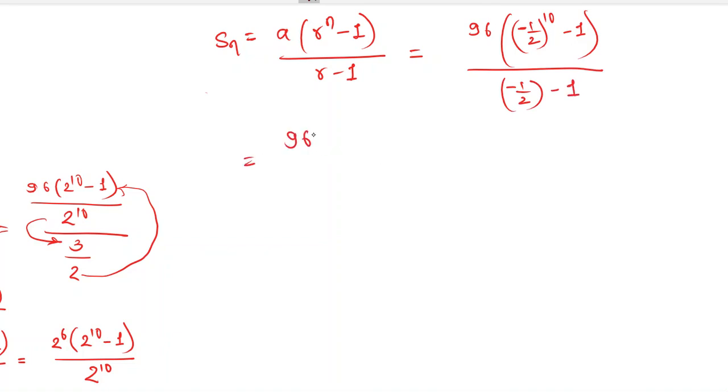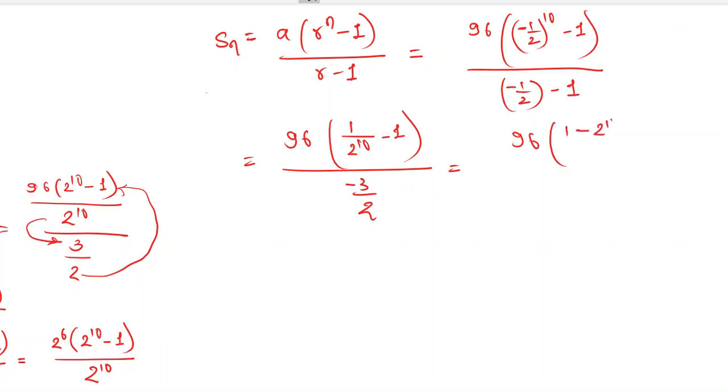So 96 bracket minus 1 by 2 raised to 10 is 1 upon 2 raised to 10 minus 1, the whole upon minus 1 by 2 minus 1 is minus 3 by 2. So 96 bracket 1 minus 2 raised to 10 upon 2 raised to 10, the whole upon minus 3 by 2.